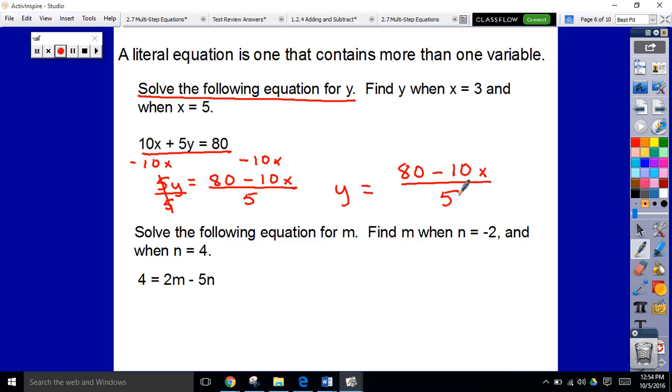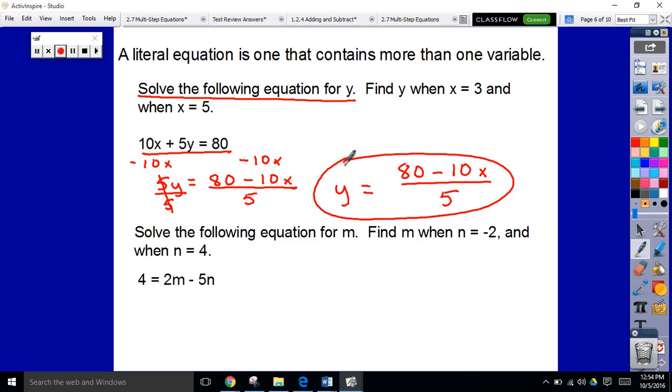This is the result that I want when I end up with this y all by itself. I have naked y equals something. That's what I was looking for when I asked you to solve the following equation for y. So this is the first answer that I'm going to expect to see.